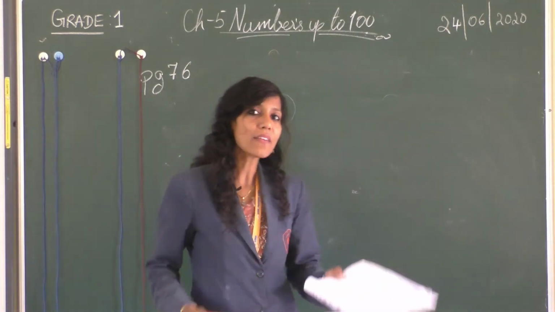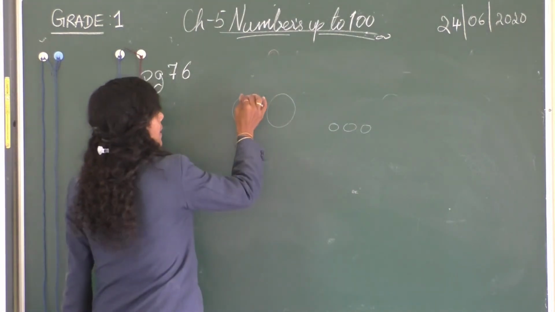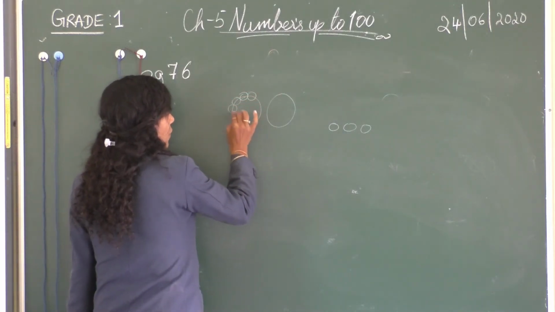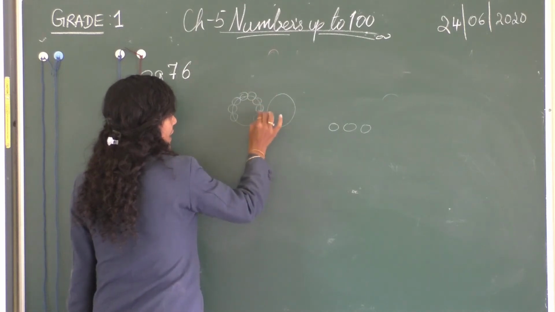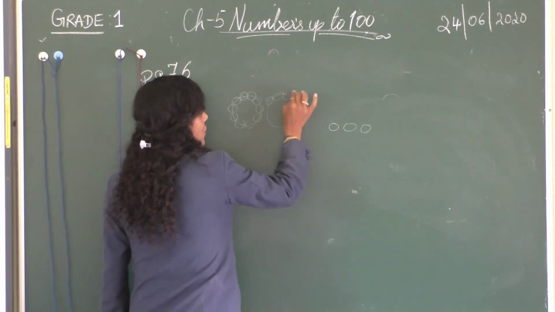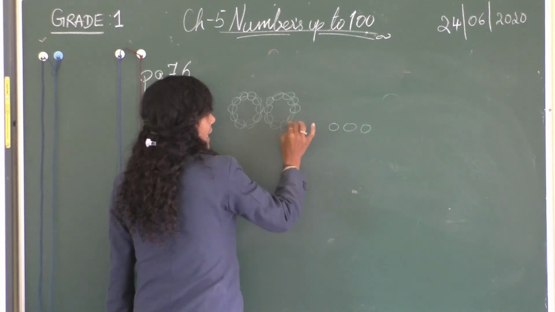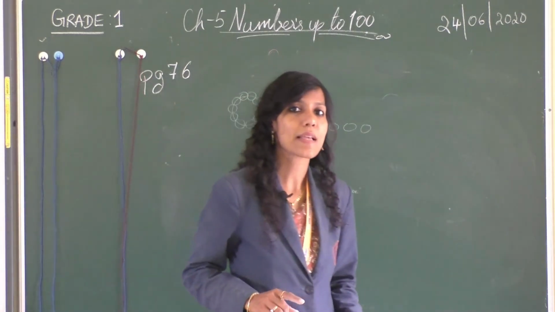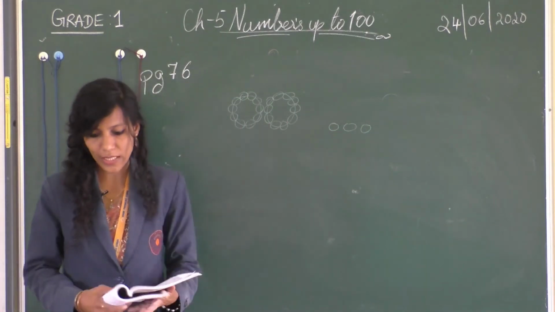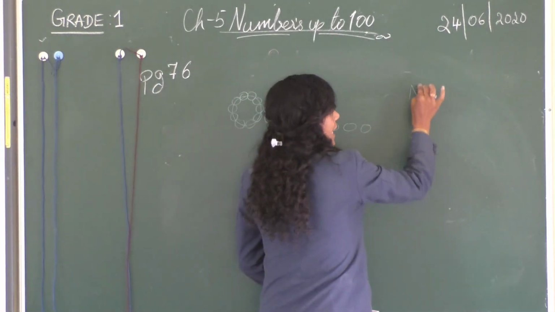And we have 3 single beads. This circle has a pack of 10 single beads. 1, 2, 3, 4, 5, 6, 7, 8, 9 and 10. Here again 1, 2, 3, 4, 5, 6, 7, 8, 9 and 10. Two circles, packs of 10 beads, and 3 single beads.